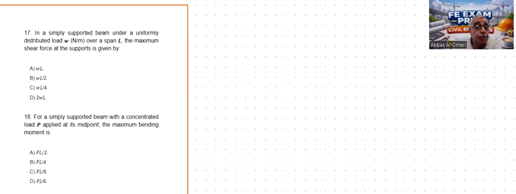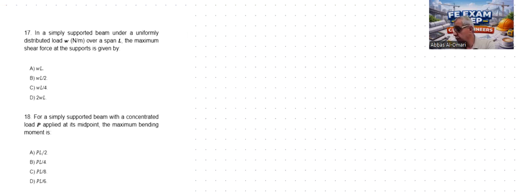In a simply supported beam under a uniformly distributed load W, Newton per meter, over a span L, the maximum shear force at the supports is given by. So we have a simply supported beam like this. This is the beam, simply supported, and it is loaded with a uniformly distributed load W, Newton per meter.